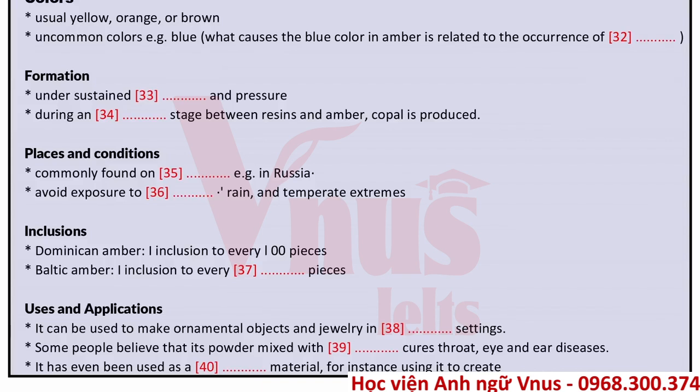This is both a large and unusual find, and most butterfly specimens have no more than a 2-inch wingspan. Inclusions in Dominican amber are numerous: 1 inclusion to every 100 pieces. Baltic amber contains approximately 1 inclusion to every 1,000 pieces.